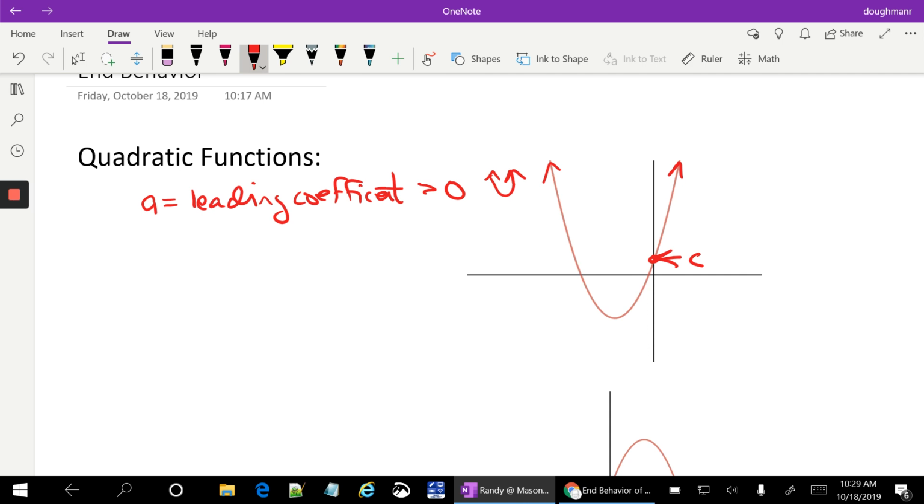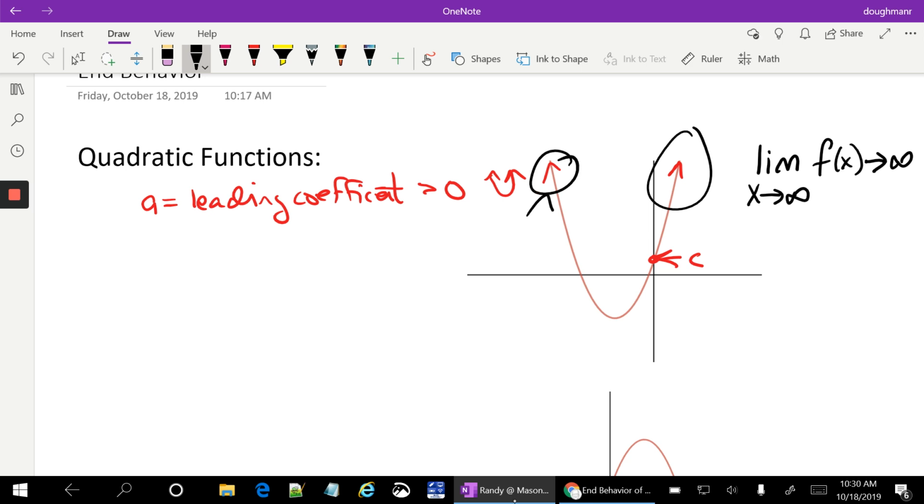The next thing is, let's talk about what we call end behavior. So look at this arrow. What does that really mean? Well, the way we say it mathematically is the limit, which we abbreviate LIM. So we say as x goes to infinity, the limit of f of x also goes to infinity. And let's look at this end.